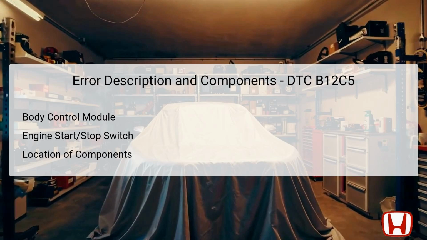The engine start-stop switch, typically located on the dashboard or near the steering column, enables the driver to start or stop the engine with ease. If this switch cannot communicate properly with the body control module, the latter will recognize this inconsistency as a failure and store the DTC. This communication is critical for vehicle operations, and any disruption can lead to engine starting issues.